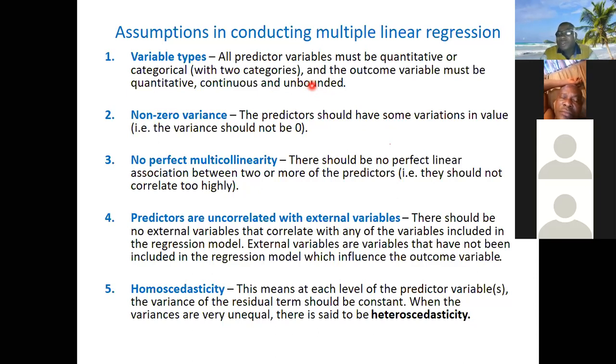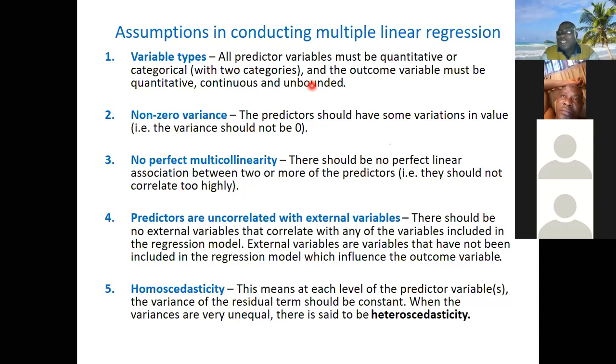For linear regression, it's quantitative, continuous, and unbounded, while for logistic regression, it is categorical. Their predictors are the same, but a categorical predictor must have two categories.